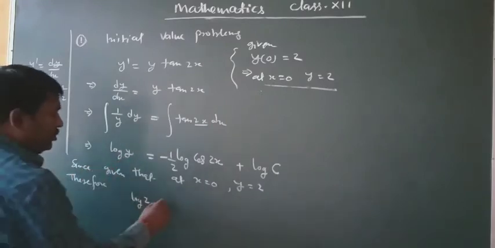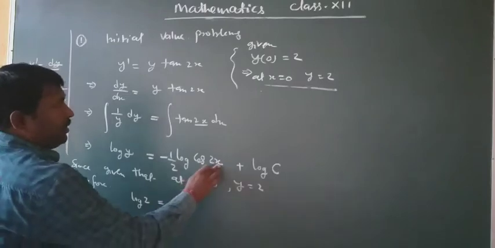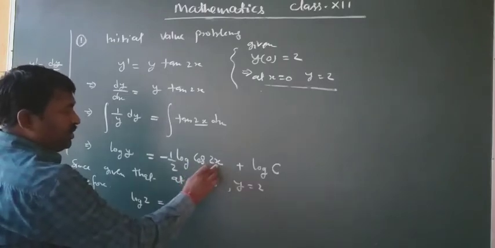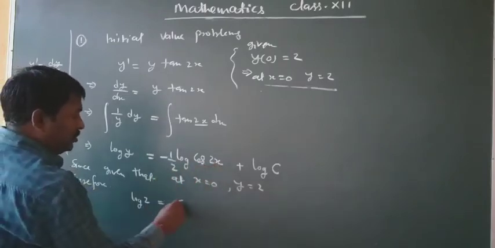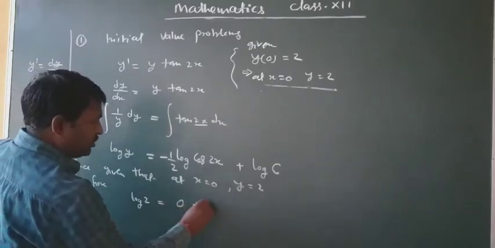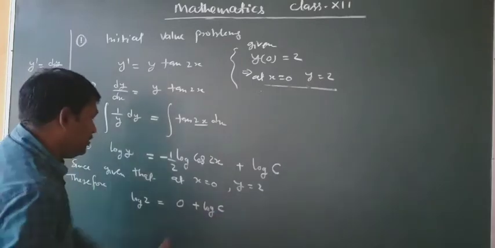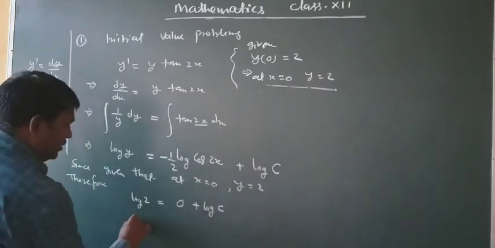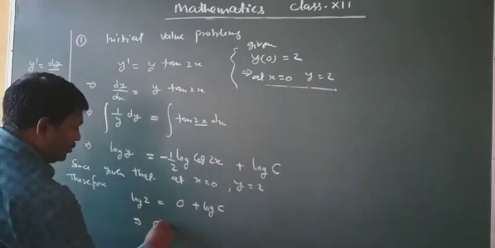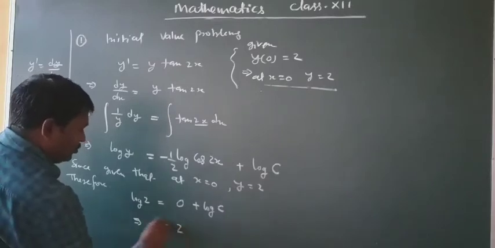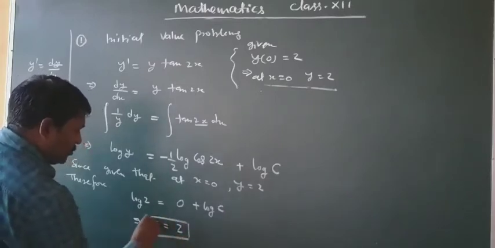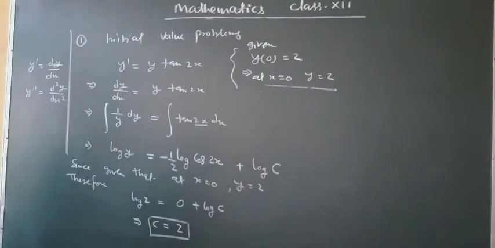Log 2 is equal to, here x is 0, so cos 0 is 1 and log 1 is 0. So this term becomes 0 plus log c. Log 2 is equal to log c. It implies that c is equal to 2.